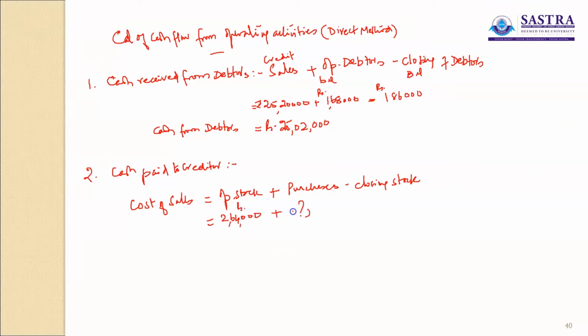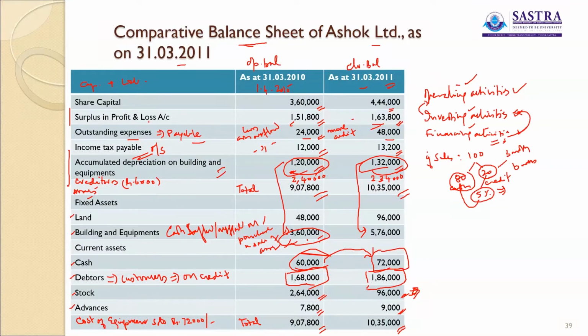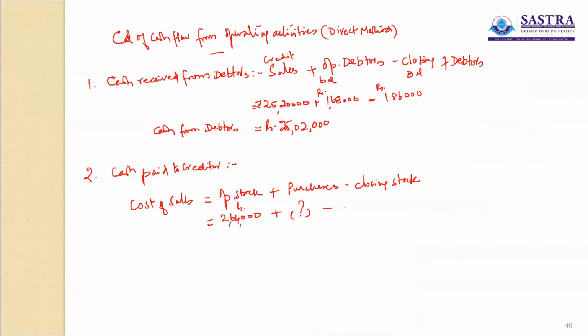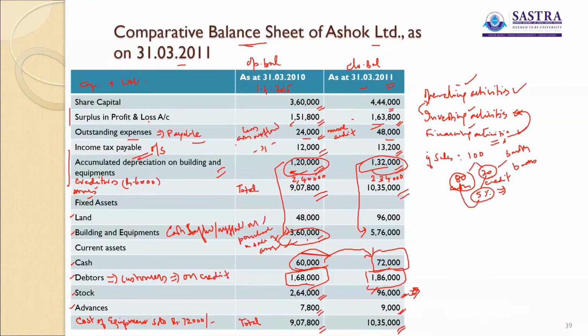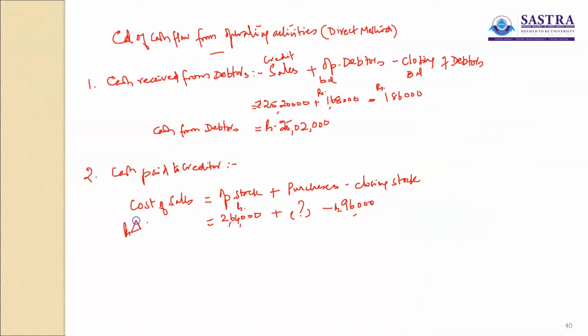Purchases we do not know, so we calculate by simplifying the equation, using cost of sales given in the question as 19,80,000 rupees. Substituting the values, purchases will be rupees 18,12,000.